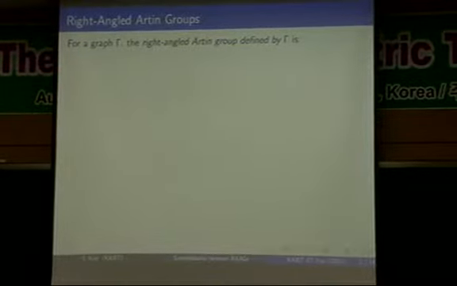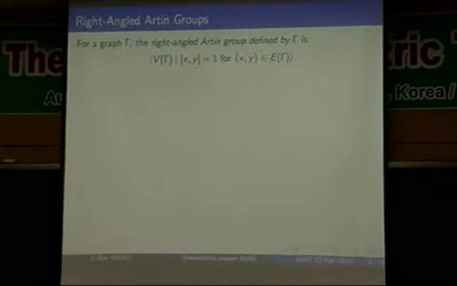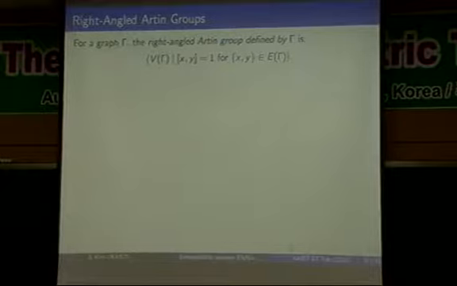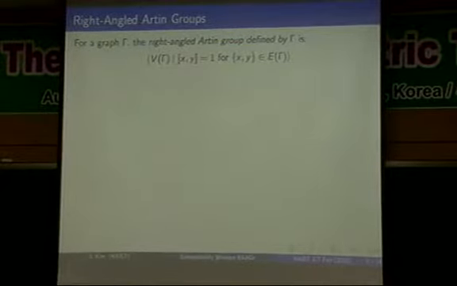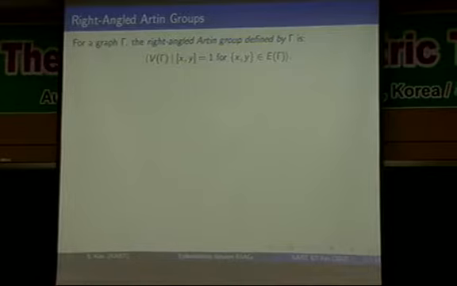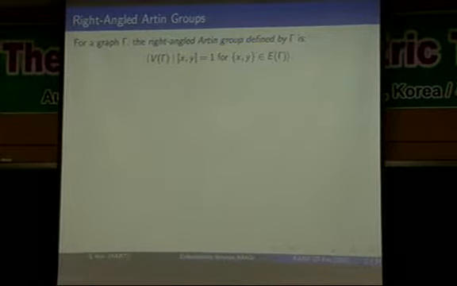So, just to recall, right-angled Artin groups are groups defined by graphs. More precisely, if you have a graph, gamma, one can define a group by a group presentation where the vertices are the generators, and for each edge we declare that the endpoints of that edge commute.